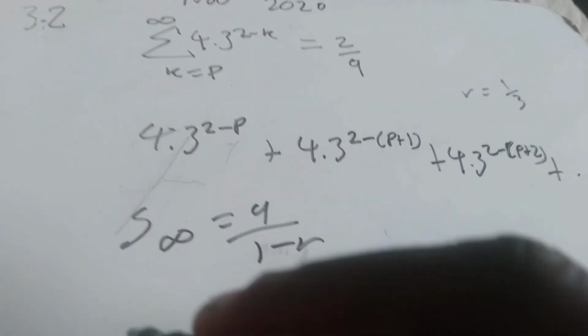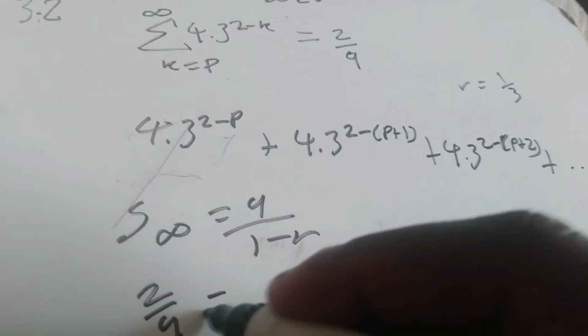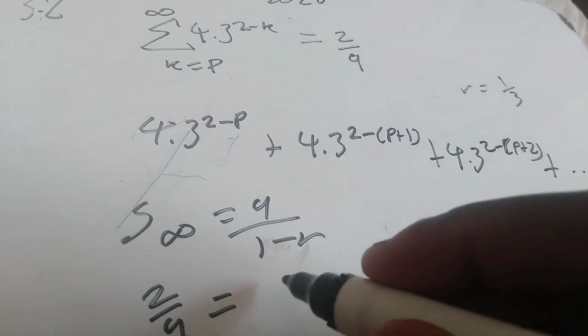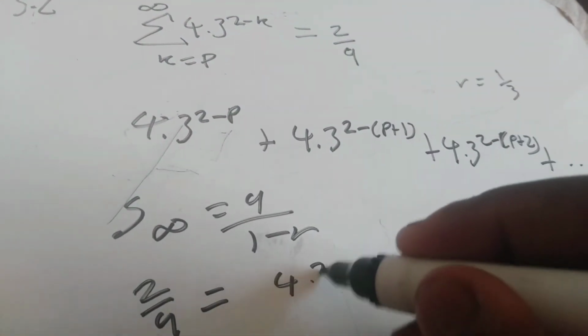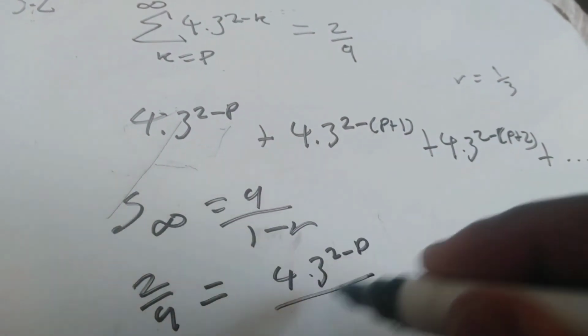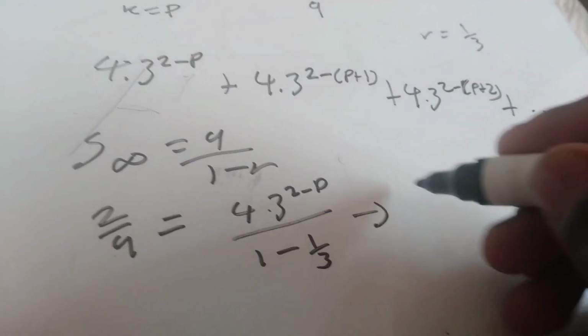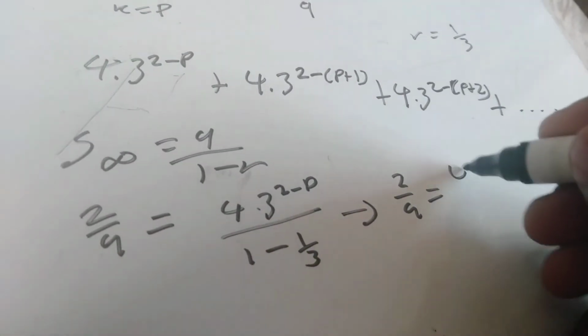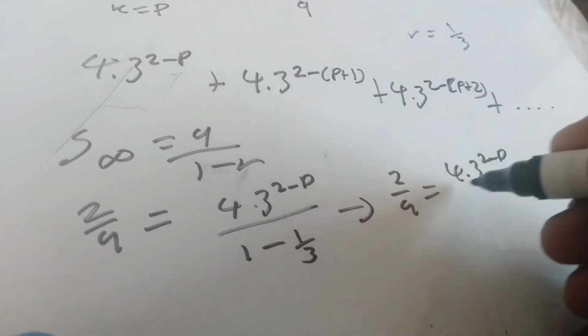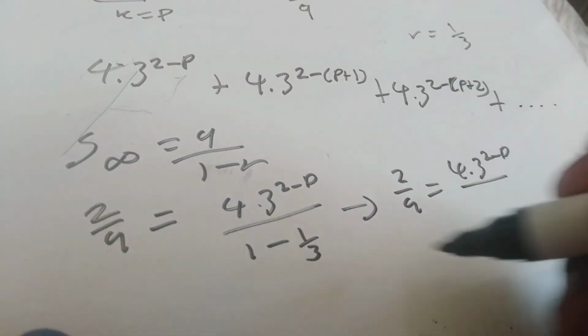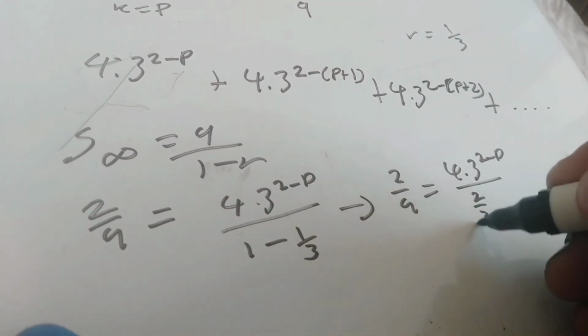So it means our sum to infinity, which is 2 over 9, is equal to our a. Our a is 4 times 3 to the power of 2 minus p, over 1 minus 1/3. Then from here, 2 over 9 is equal to 4 times 3 to the power of 2 minus p, all over 1 minus 1/3, which is 2/3.